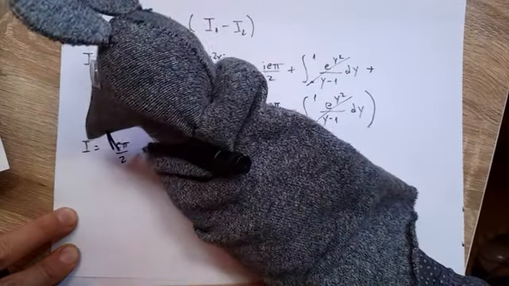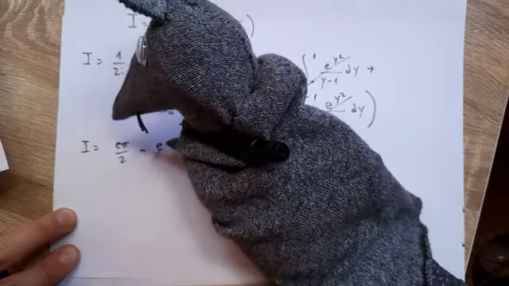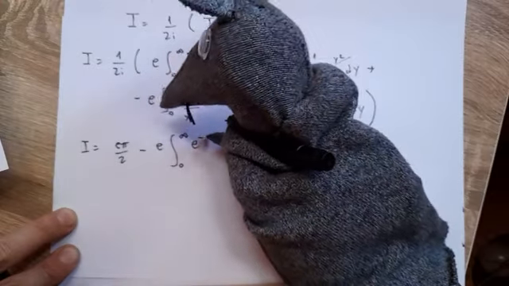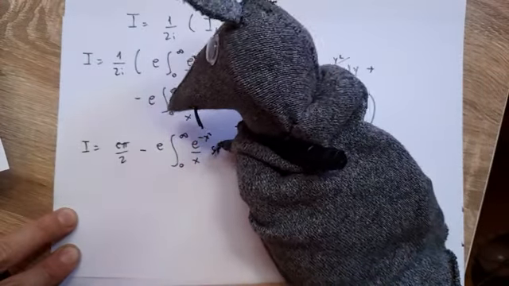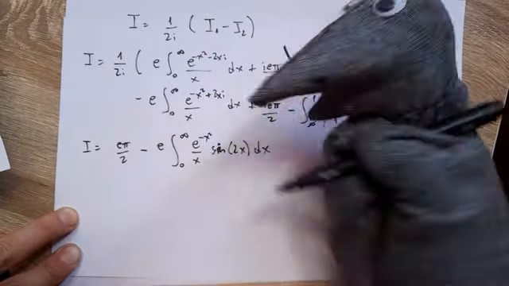So we will get a sine function: minus e times the integral from 0 to infinity of e to the minus x squared over x sine of 2x dx.